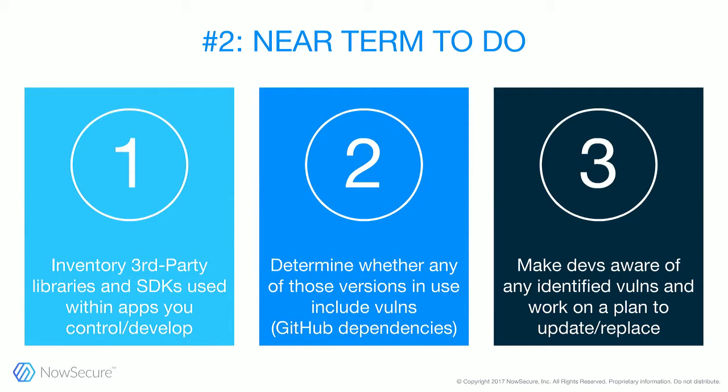One very popular example that we all probably remember is the Heartbleed Bug from a few years ago, which was due to a vulnerability in a very specific version of the popular OpenSSL crypto library that was used by many applications. So proactively documenting third-party libraries in use would allow your organization to easily query apps that are at risk when a new vulnerability does come out. And the final step, of course, is to make sure your developers are aware of any identified vulnerabilities so that they can take appropriate actions to remediate.